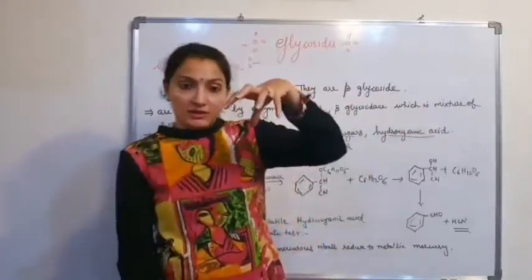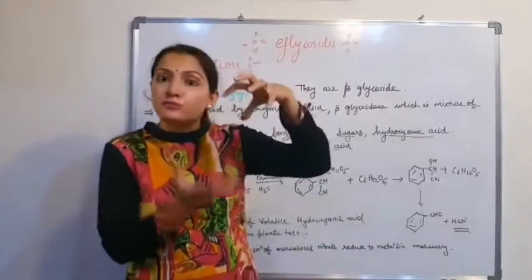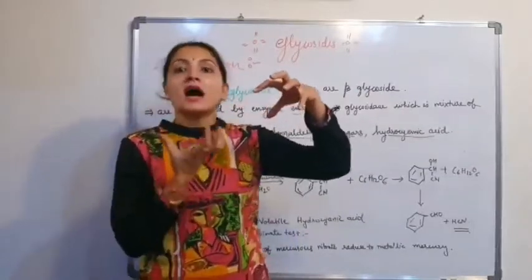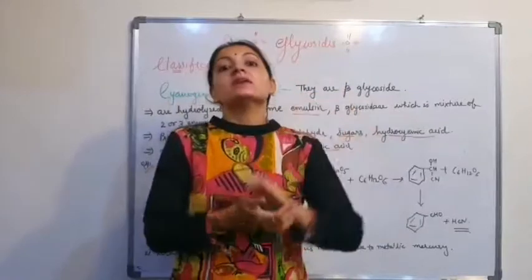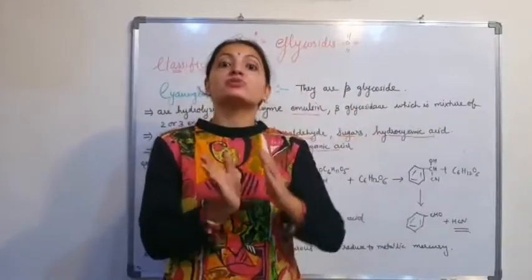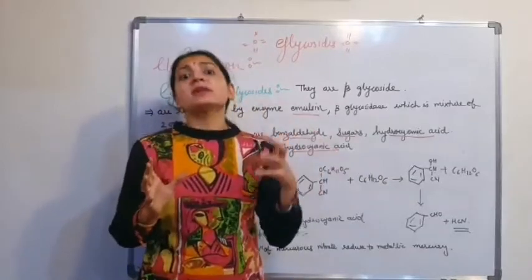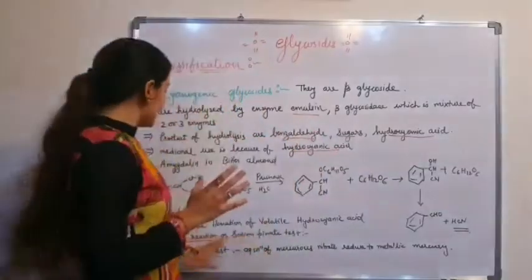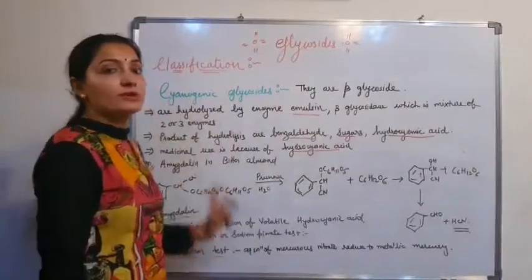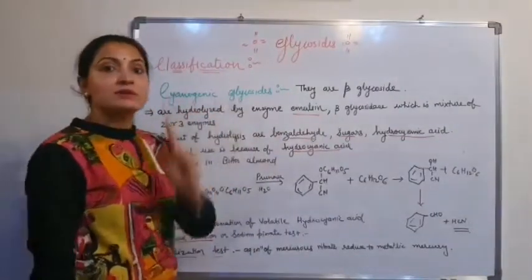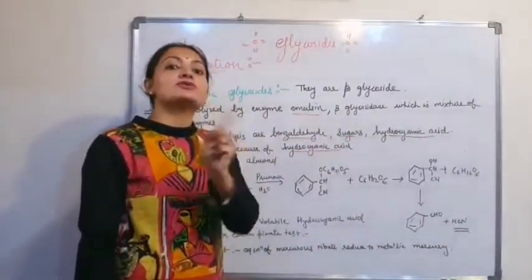This sodium picrate comes in contact with the volatile vapor of hydrocyanic acid, and the filter paper changes color to red or deep red. So this is the Grignard reaction test, which is positive only for cyanogenic glycosides because of the production of hydrocyanic acid.